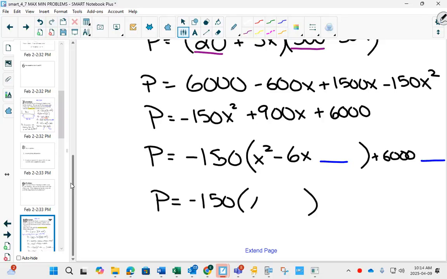Complete the square. If it's a minus 6, what goes in here? Minus 3. And if it was a minus 3, what would go into the first space? Plus 9. What have we actually done? 150 times 9.